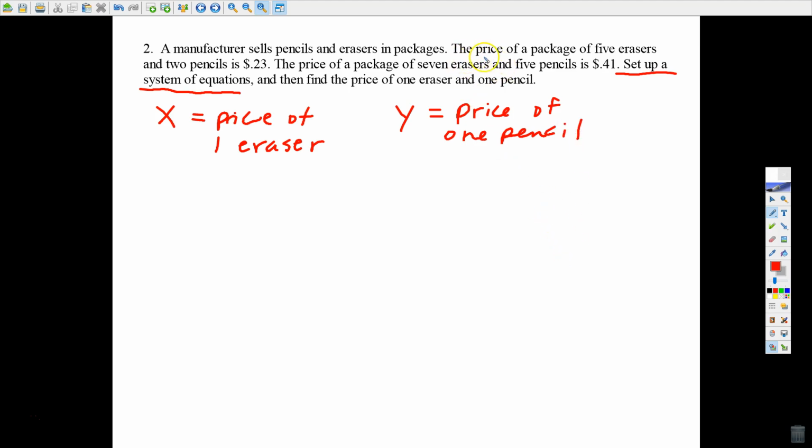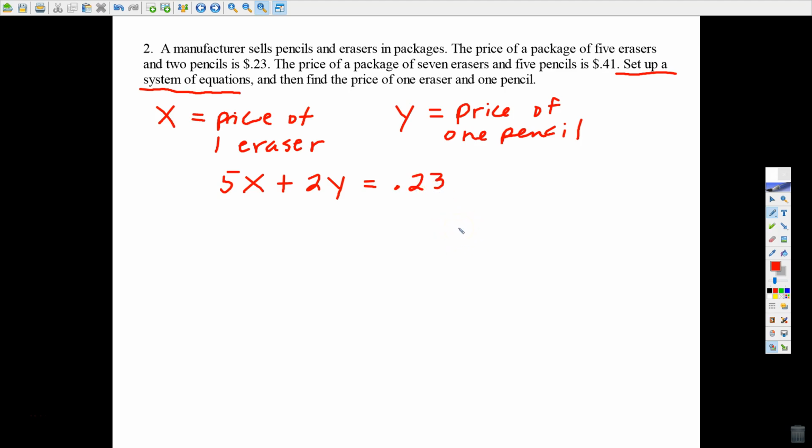And now I can look at these sentences that describe the packages. Okay, this package of 5 erasers and 2 pencils is 23 cents. So 5 times the price of one eraser plus 2 times the price of one pencil should be a total of 23 cents.